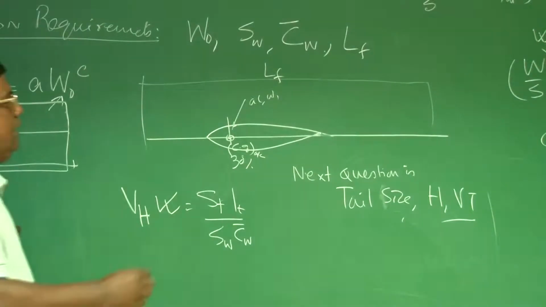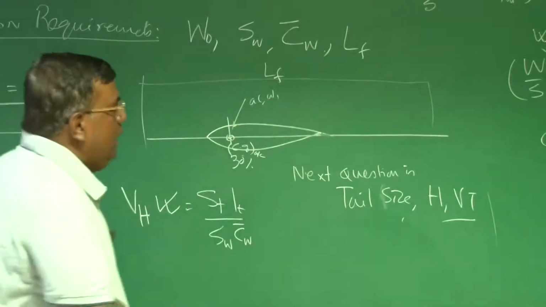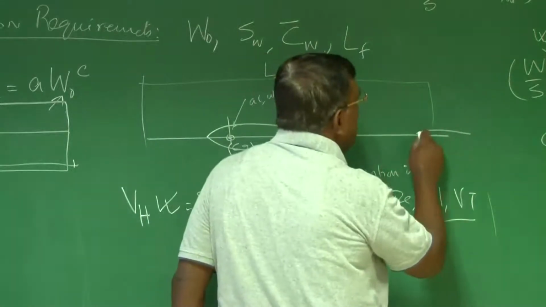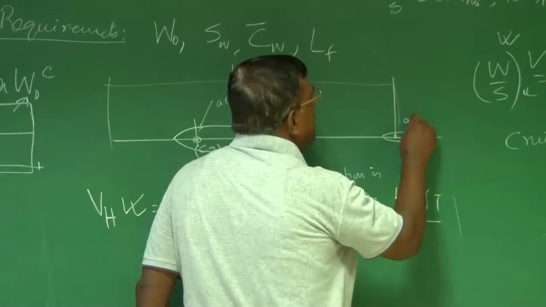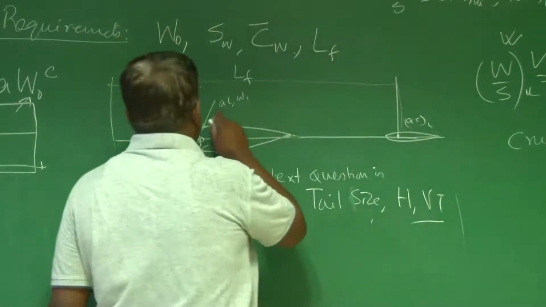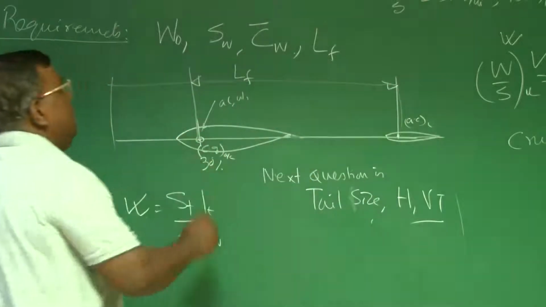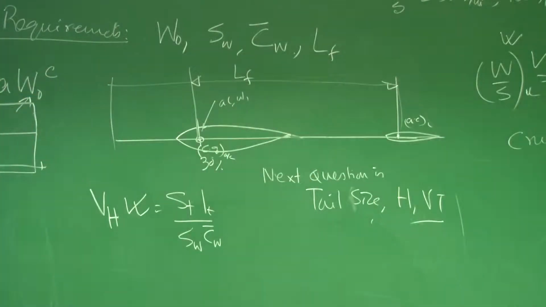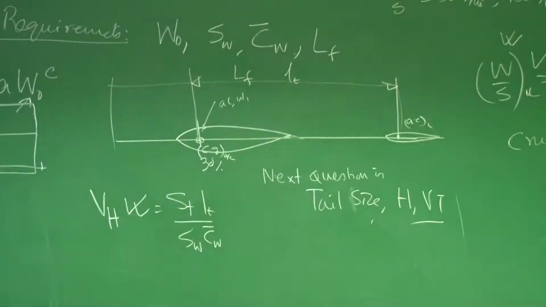And you have seen very cleverly I have put the AC of the wing and CG at the same point, so that wherever I am putting the horizontal tail, the AC of the horizontal tail and this distance, which is CG of the aircraft as well as AC of the wing, this I am defining as LT. Theoretically, conventionally, LT is the distance between AC of the tail and CG of the airplane.